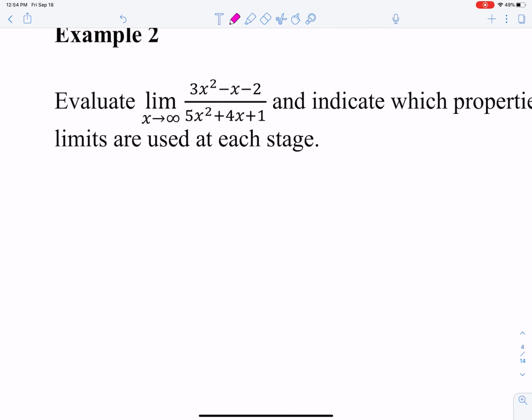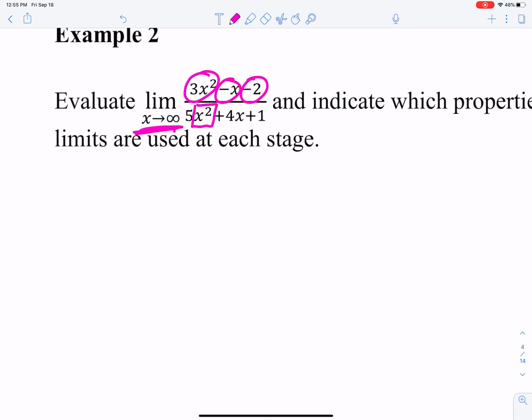Whenever you have a fraction like this, and we're trying to take the limit as x approaches infinity (this only works for infinity or negative infinity, of course), we're going to identify the variable in the denominator with the largest exponent. In this case, x squared. We're going to take that variable with the largest exponent and divide every term in this entire fraction, top and bottom.